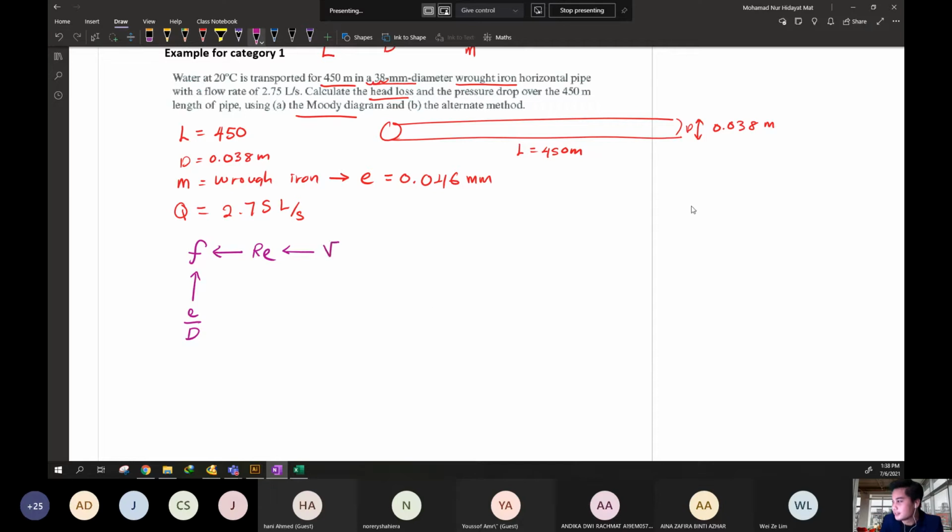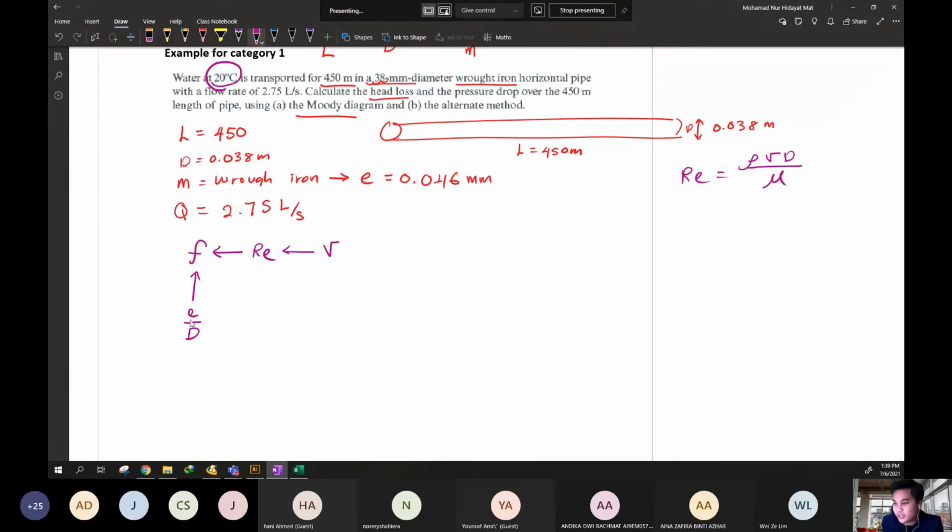Velocity, because the Reynolds number is directly related to rho v d over mu. Mu you can get directly from the table. Considering this temperature, you can get the density, which is 1000. The diameter is already given, but velocity is not given.